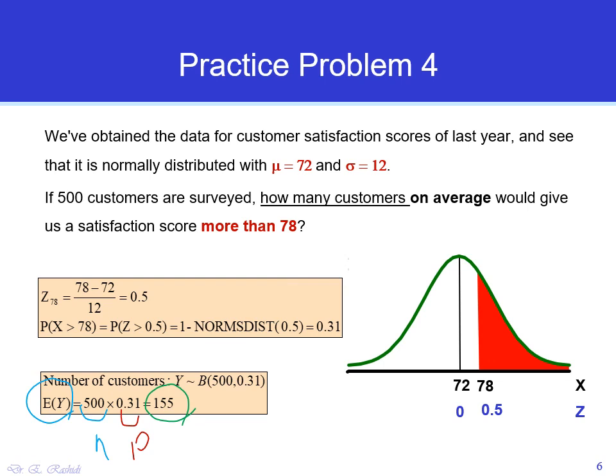If you get a value that is not a whole number, it has to be an integer, so you might have to round it up or down. So on average, we would expect 155 customers to give us a satisfaction score more than 78.